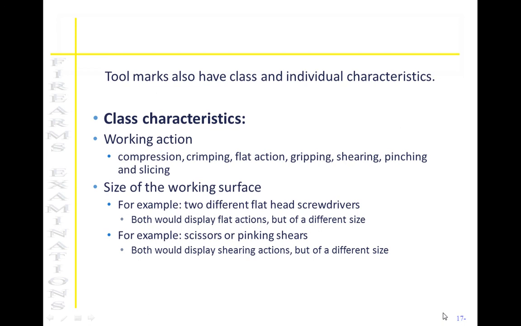For example, two different flathead screwdrivers. Both of them are going to have the same flat actions, but at a different size. Or another example, scissors or pinking shears. Both of these display shearing actions, but to a different size. But these are all still considered class characteristics.